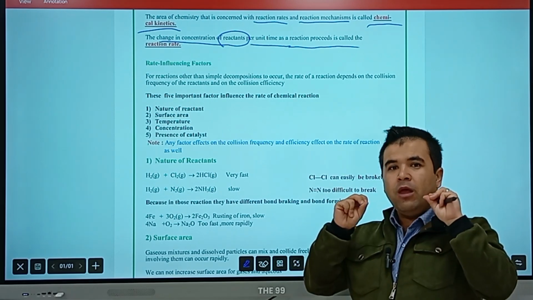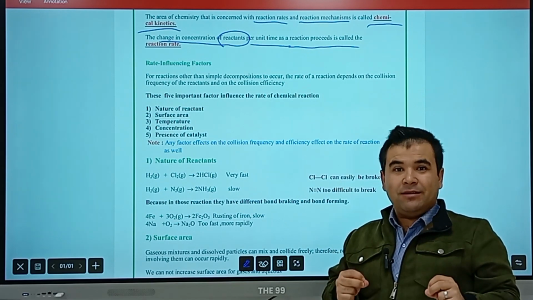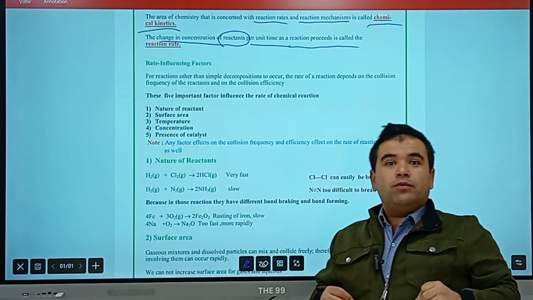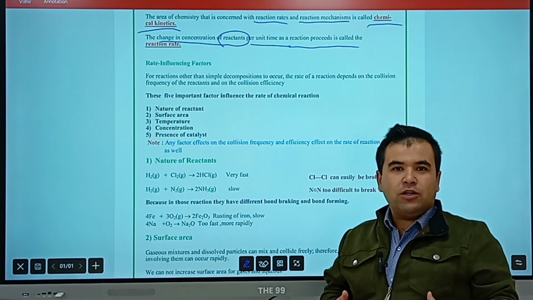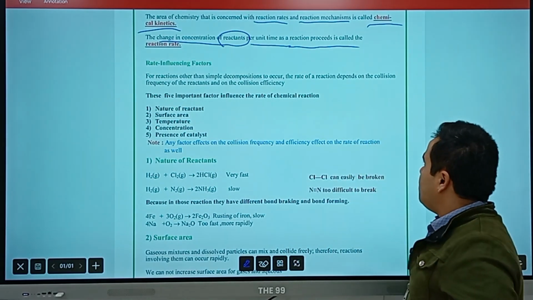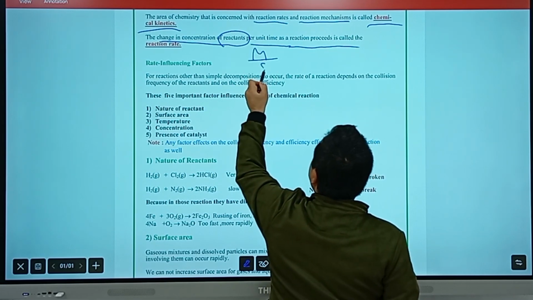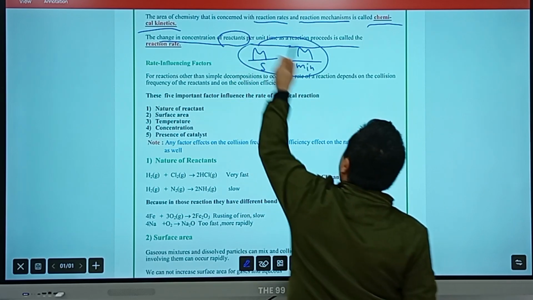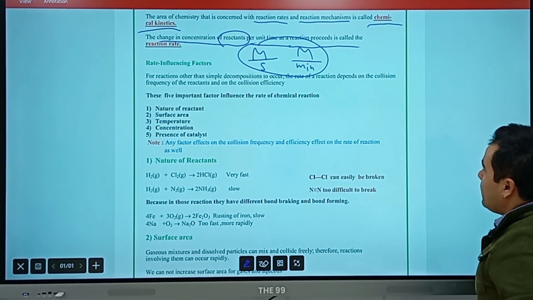Because those chemicals that determine the speed of the reaction, those species that affect the rate of the reaction, are the reactants. The products do not affect the rate of the reaction. And the unit, guys, can be molarity per second or molarity per minute. Both are useful, but molarity per second is more useful.